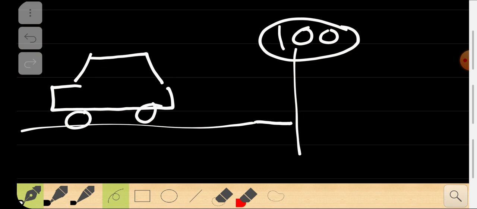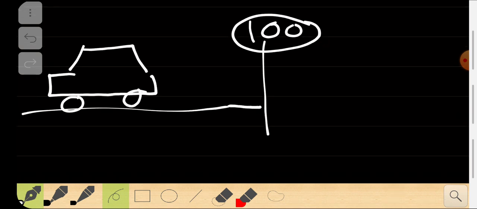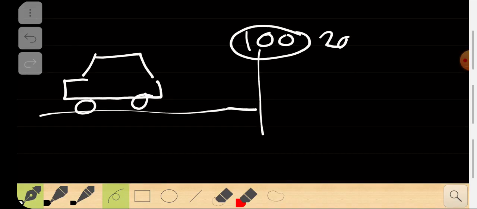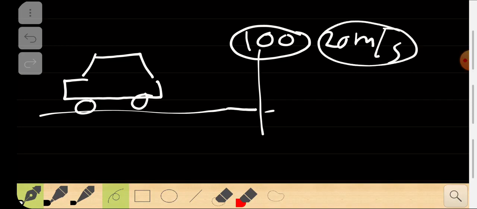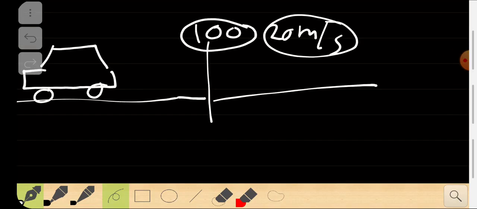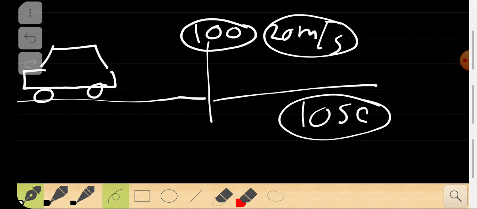We don't know the acceleration. After reaching 100 meters, it will reach a velocity of 20 meters per second, and after that it will travel for another 10 seconds.